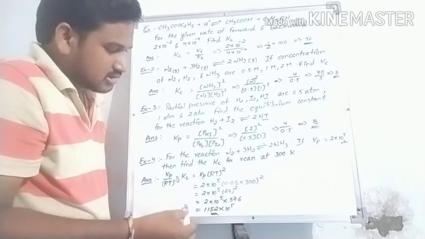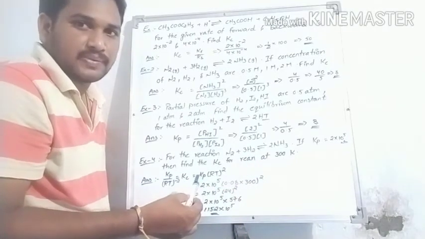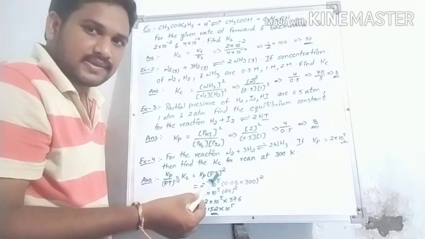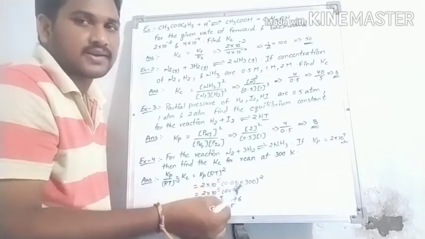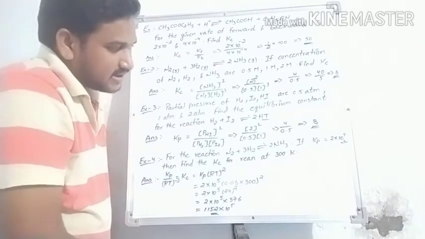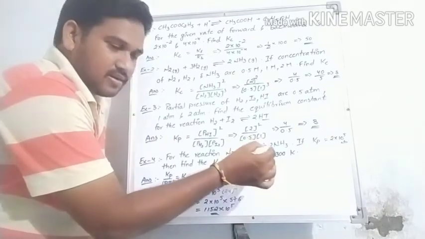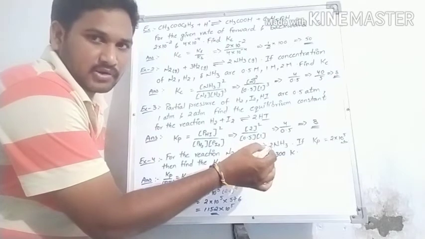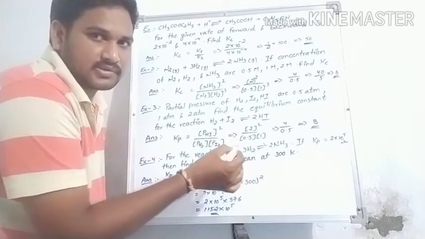Okay, students, you know the relation between Kp and Kc. Kp is equal to Kc RT whole power delta N, where in the reaction delta N is the number of moles of product minus number of moles of reactant.